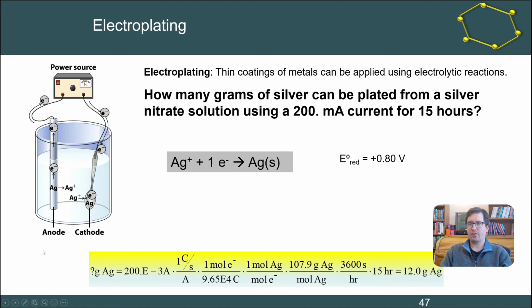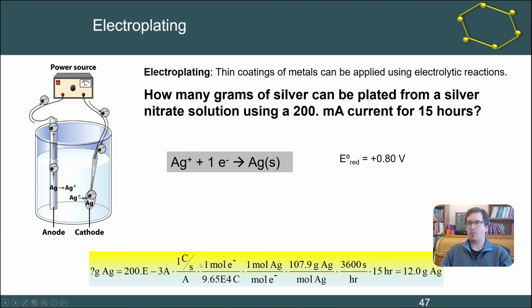So what are we after? Grams of silver, mass of silver. We have 200 milliamps, so 200 milli is of course 10 to the minus 3, so 200 times 10 to the minus 3 amps. We use our unit identity for amps being the same as coulombs per second. Then we'll take our value of 9.65 times 10 to the 4 coulombs per mole.